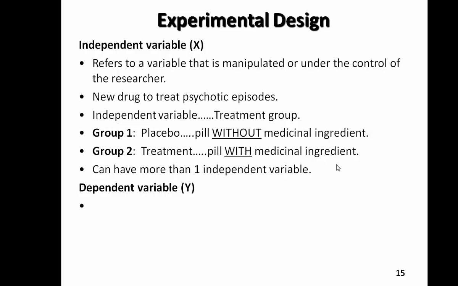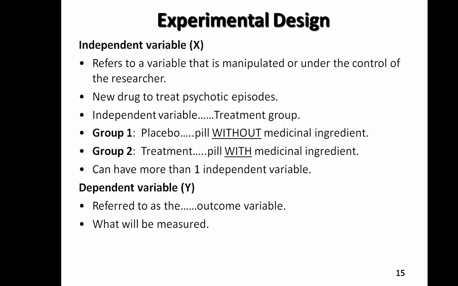The dependent variable is also referred to as the outcome variable. This is what will be measured, and this is what will usually carry some form of measurement unit to it. So with the example that we outlined earlier with respect to the study examining a new drug to treat psychotic episodes, the outcome of interest would be the number of psychotic episodes per week.